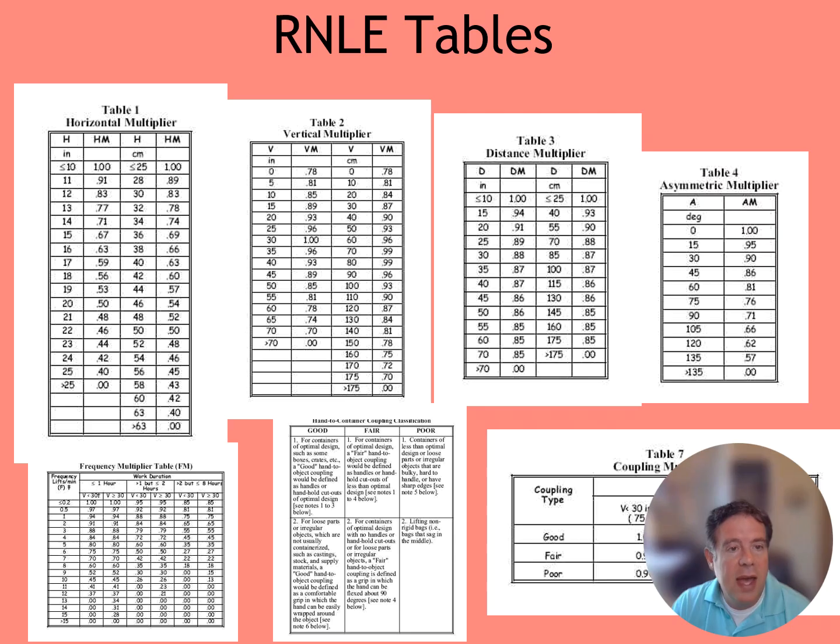We also have it in centimeters, depending on how far it is. Notice each one of these tables gives both centimeters and inches. Down here, it's a little different, by the coupling. Remember, if it has handles, it's good, so no modification. Fair would be able to grab it. Poor would be a slippery or bulky object.